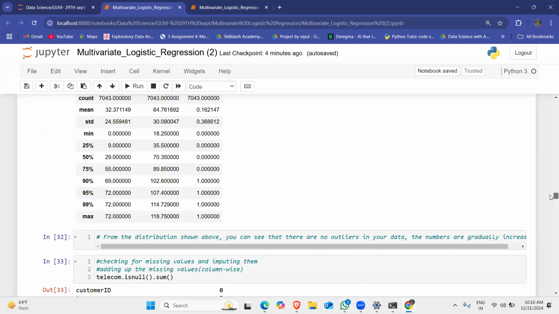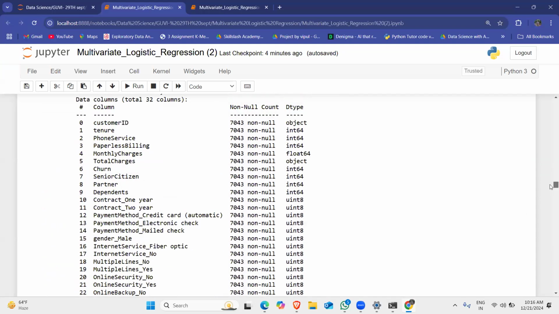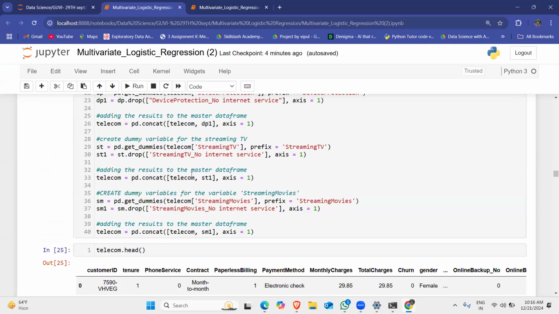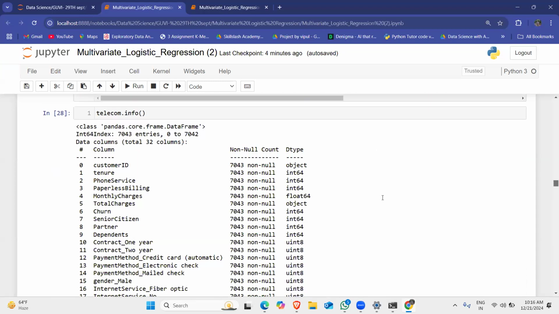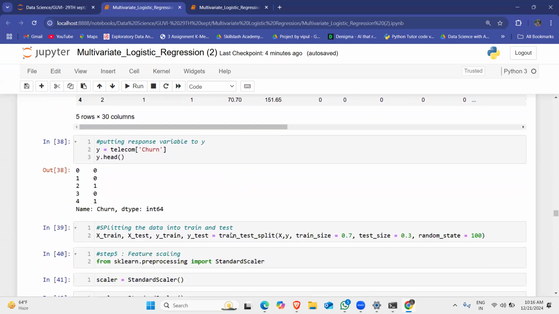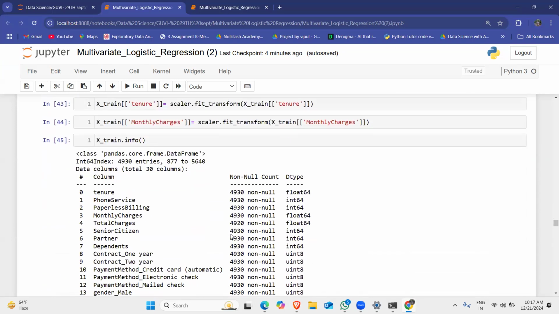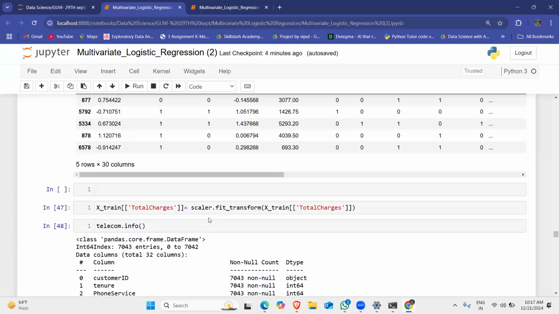Before that, we have done percentage of missing values. We have checked that, right? It is in the cell number before this, outliers. Not done. After outliers, we have done that. So that's the reason.